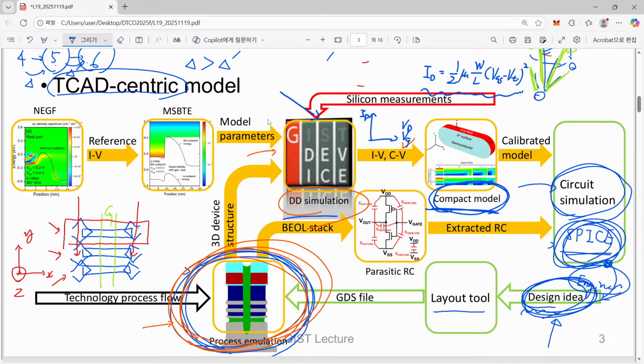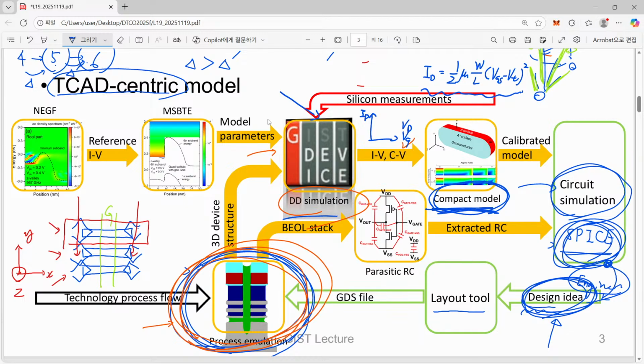Actually this is a very complicated and sophisticated field. However, the basic principle is that once you give me the combination of terminal voltages, I can provide you quite accurate and calibrated drain current, gate current, source current, and substrate current. Not just current, I can also provide capacitance. That is the role of a compact model.